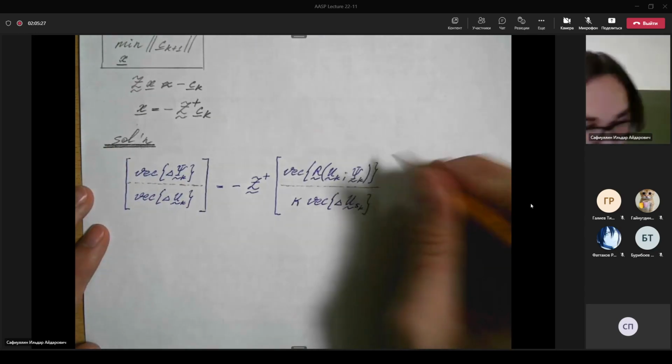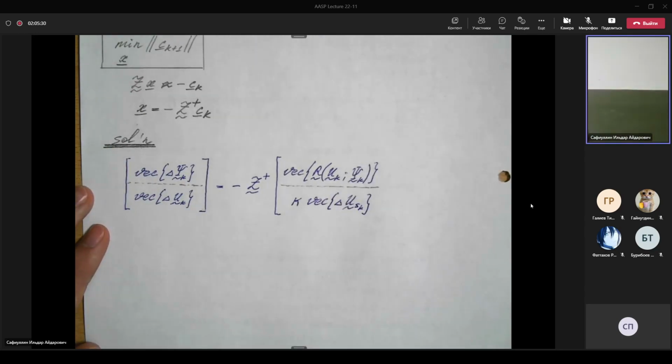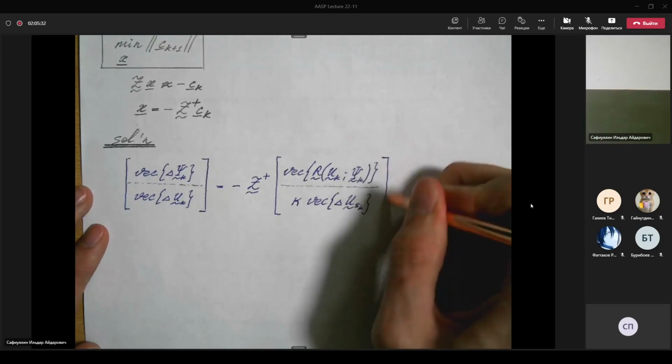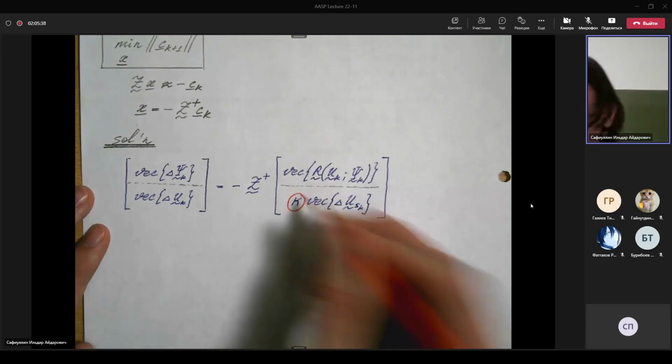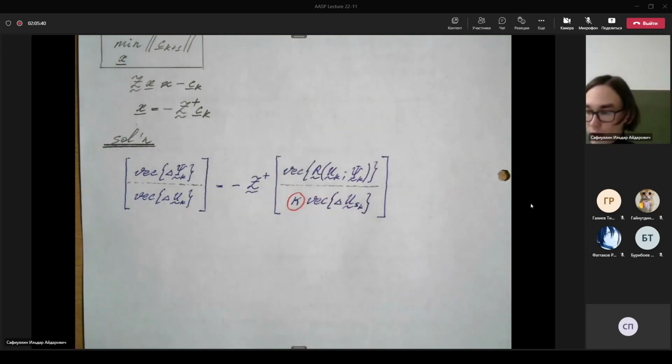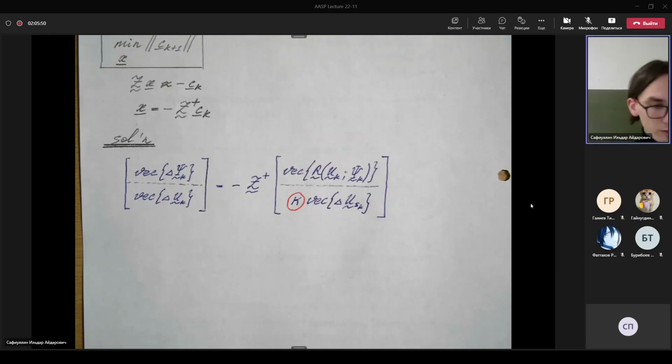And also we can show this weighting factor with red circle, and I think I did a typo in the previous equation.